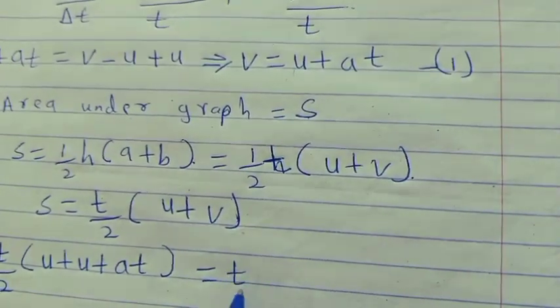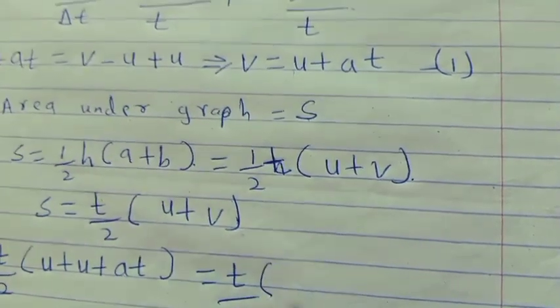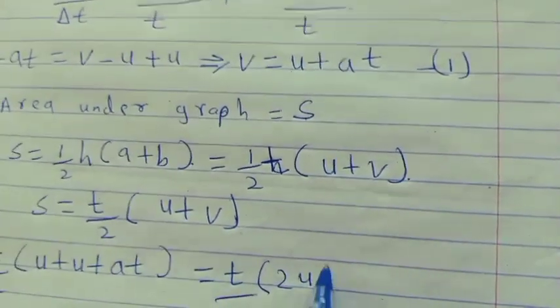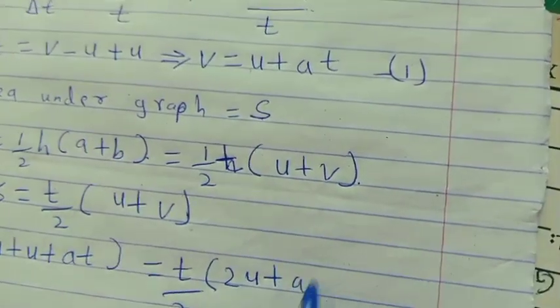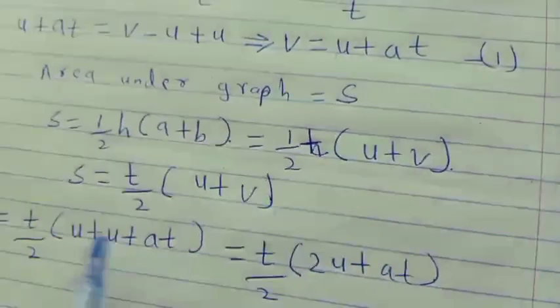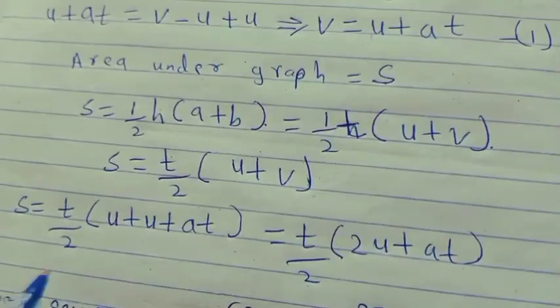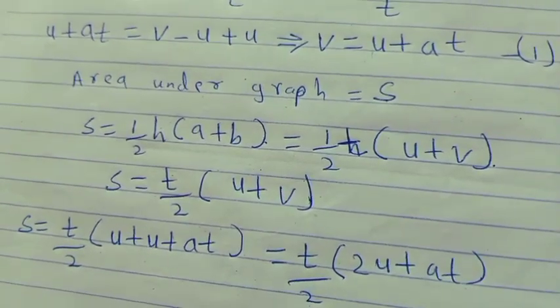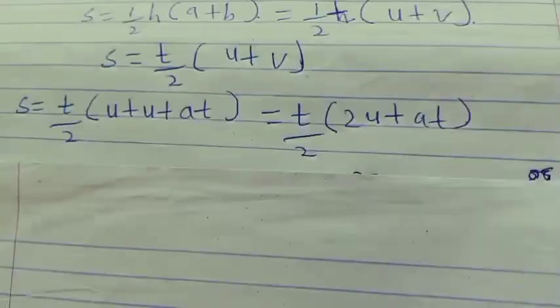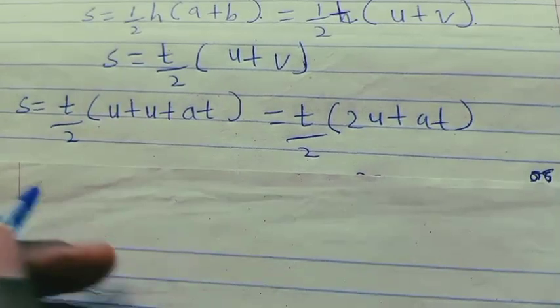This is t over 2 into bracket 2u + at. What I have done is add u plus u, which gives 2u. Now we are going to remove the bracket.